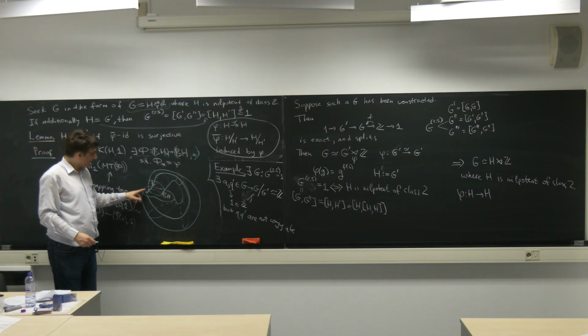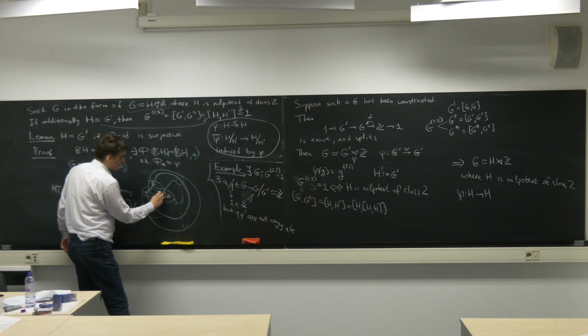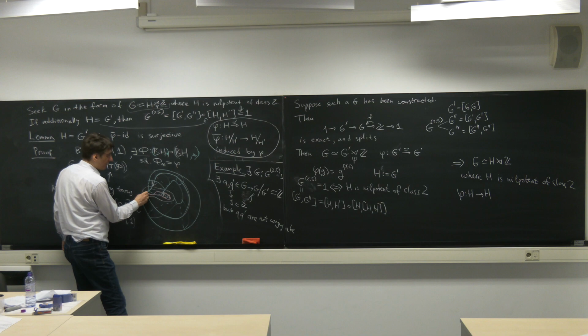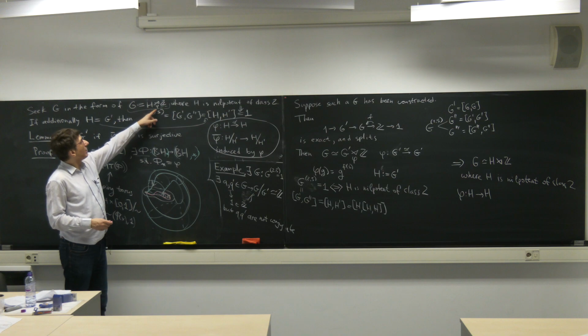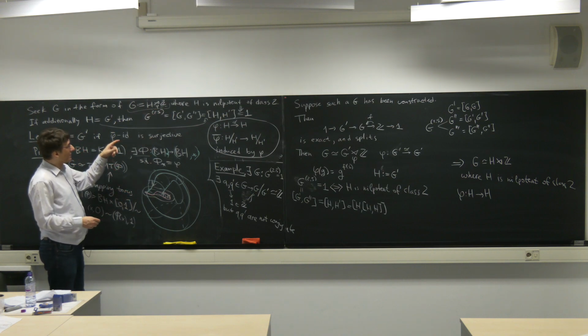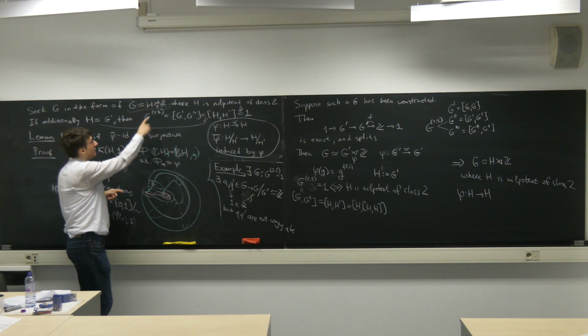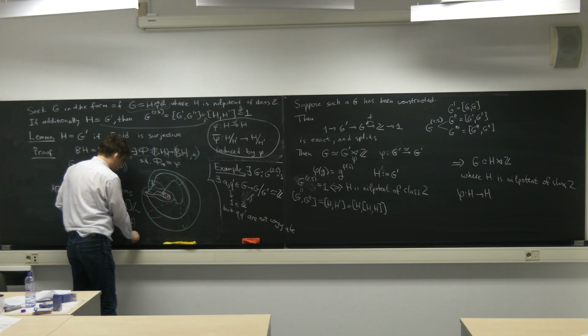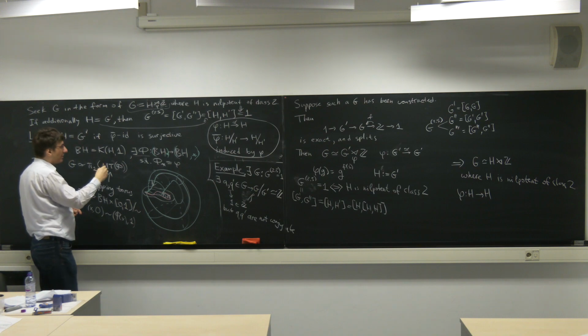So one thing to verify is that if you conjugate some element here by this loop, then you get what you would get in G under such conjugation, and in G you would get the image of phi.